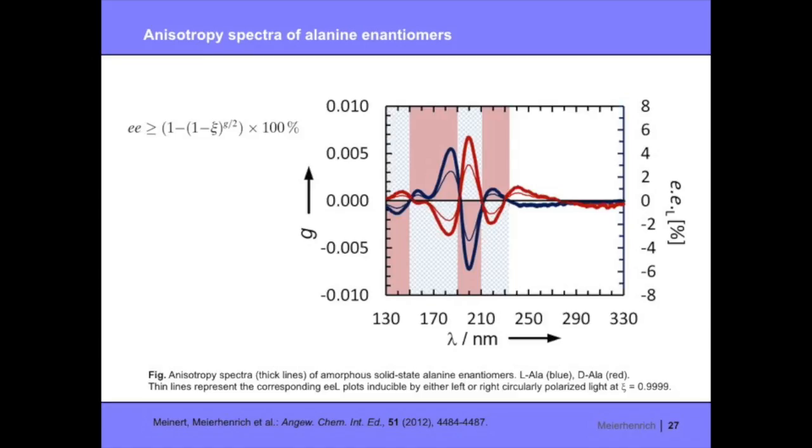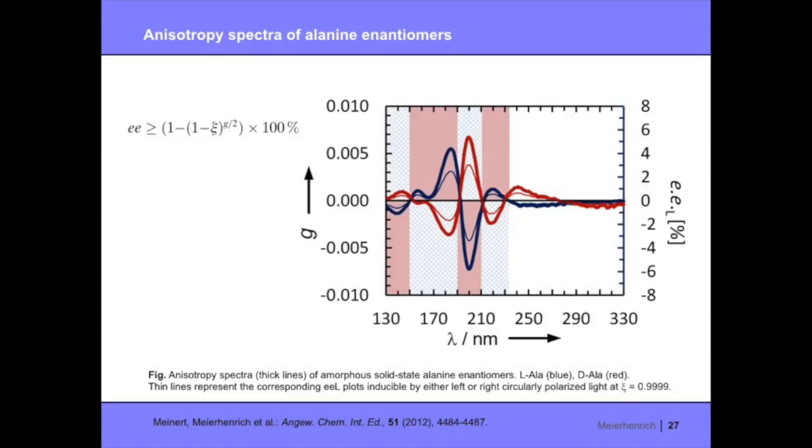So what you see here is G. This you know, G is our anisotropy factor. G is energy dependent on the wavelengths, yes. But what is the beauty in anisotropy spectroscopy is that you can immediately read in an anisotropy spectrum the enantiomer excess that you can induce in your analyte, in this case in alanine. And here you see you can, for example, irradiate, what is that wavelength here, it is 230 nanometer.